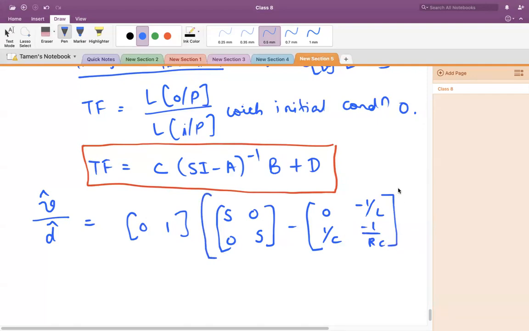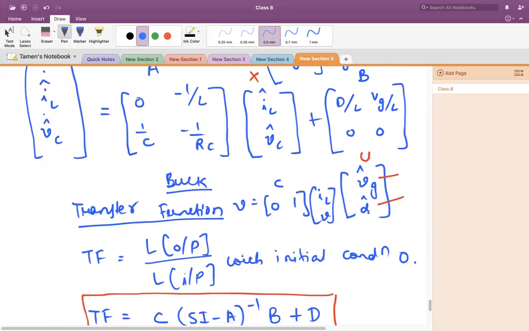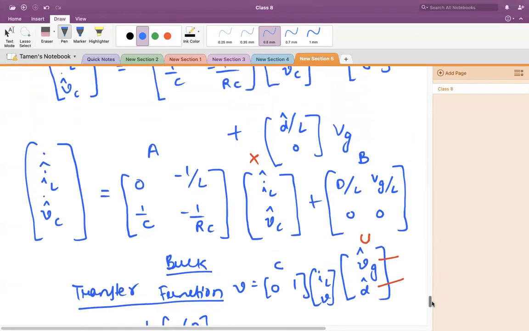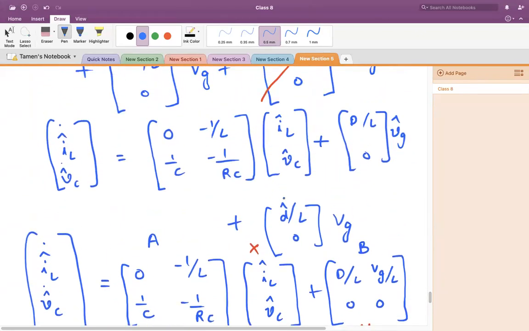This will be inverse, C (SI minus A) inverse into B. What will be B? B will be in terms of, we require only this D hat part. That means only this part we require. It is VG by L.